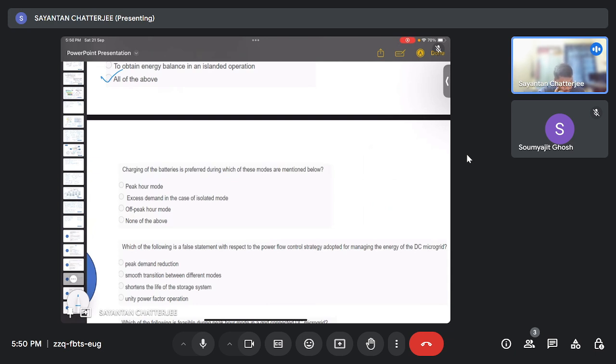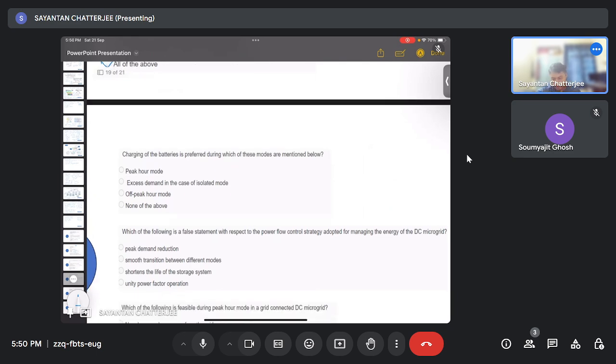Charging of batteries is preferred during which of these modes?